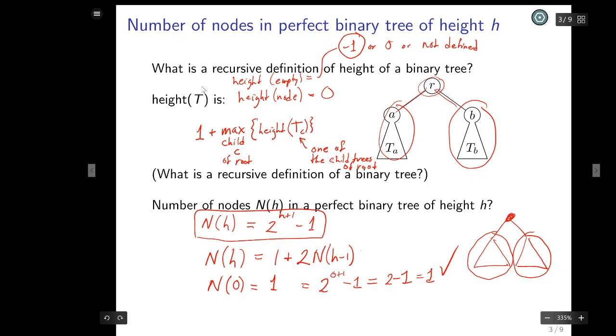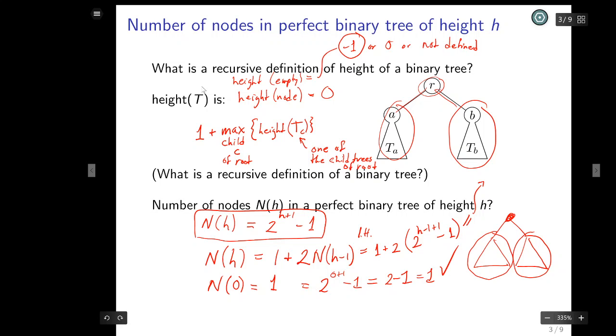And so we just say, well, by the inductive hypothesis, that's IH for inductive hypothesis, this is equal to 1 plus 2 times 2 to the h minus 1 plus 1, minus 1. And that's equal to, well, h minus 1 plus 1 is just h.